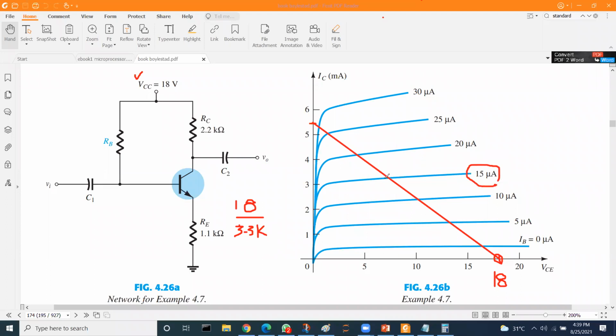That means the Q point is here. So this is the Q point. When we know the Q point, we can draw a line on the vertical axis to determine that it's approximately between 5 and 10. Let me write it's 7.5 volts, for example.